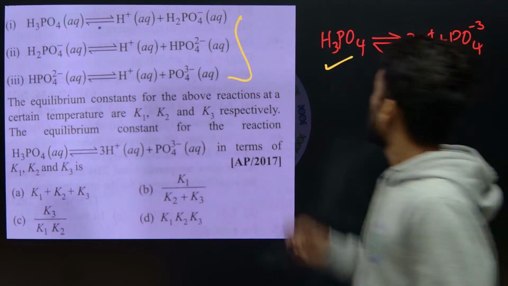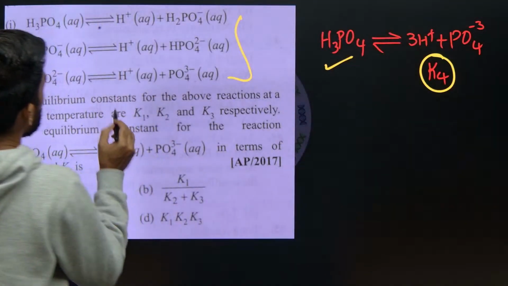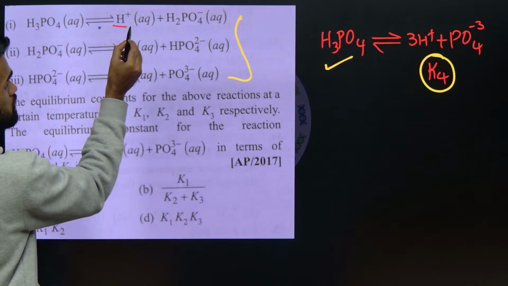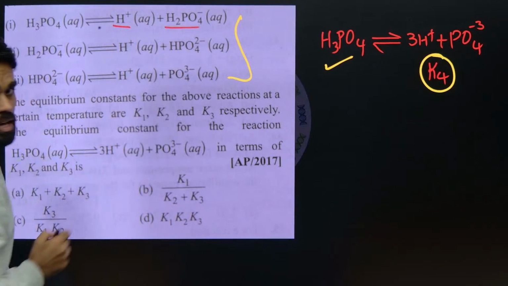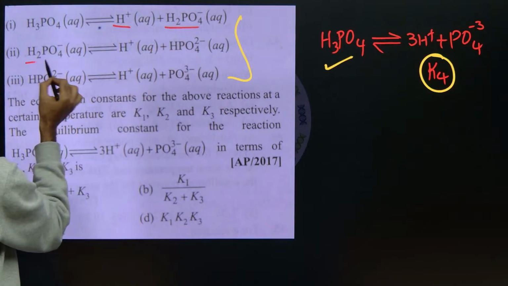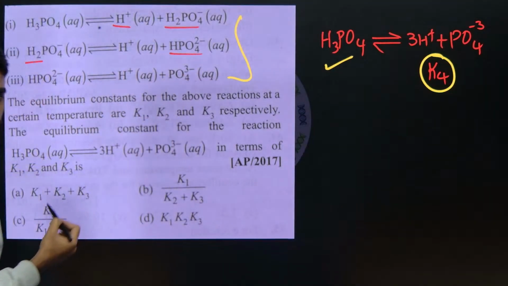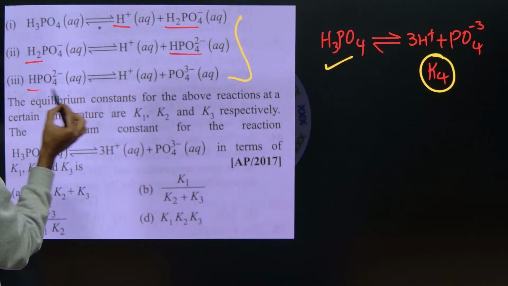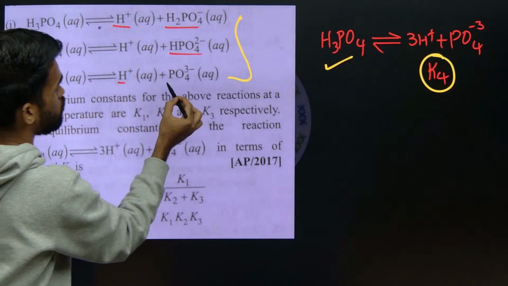Because H3PO4 can dissociate to give one H plus ion and form the remaining conjugate base, or it can release one more H plus ion from this conjugate base and form this one. Again from this HPO4 2 minus release one H plus ion to form this one.